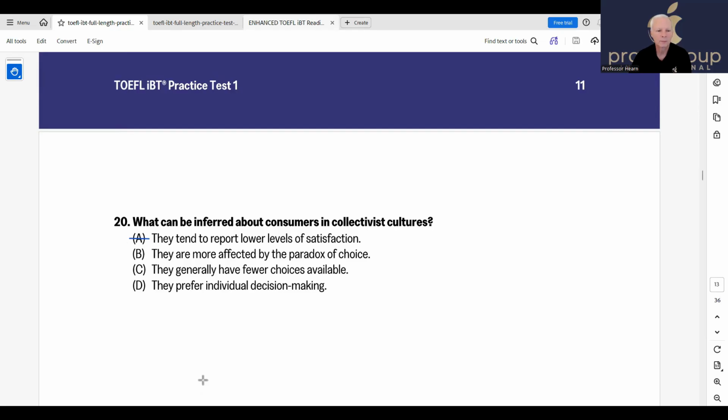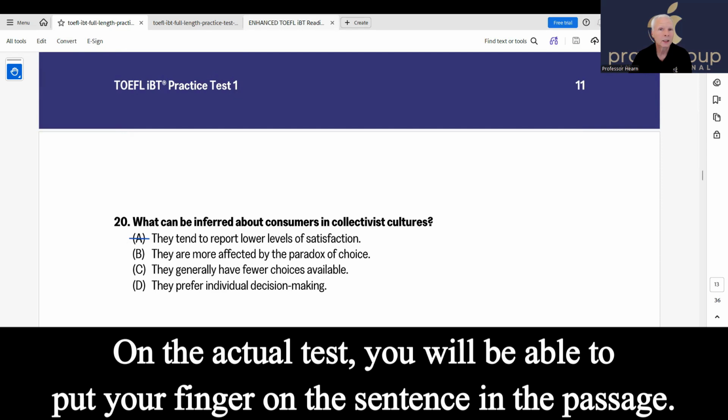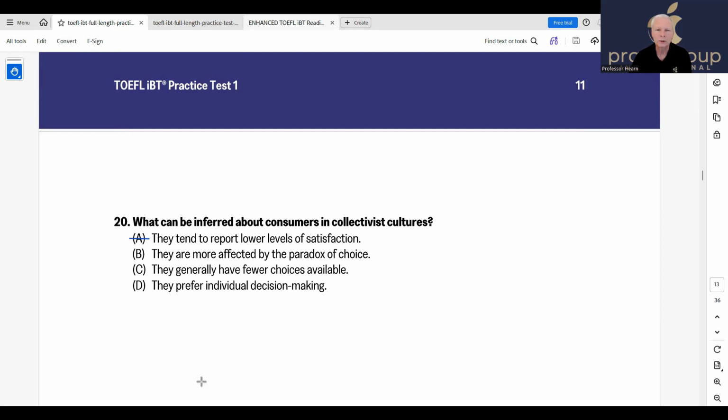What about B? They are more affected by the paradox of choice. Is that what our sentence said? Our sentence was stating that they had fewer choices and that they had greater contentment. So choice B was not mentioned, and therefore choice B is not possible. What about choice C? Choice C states they generally have fewer choices available.